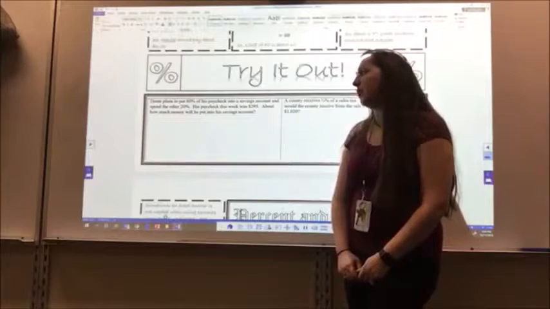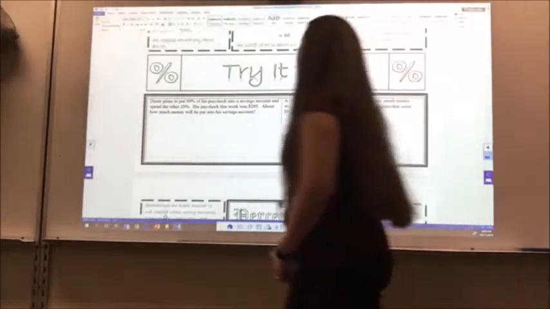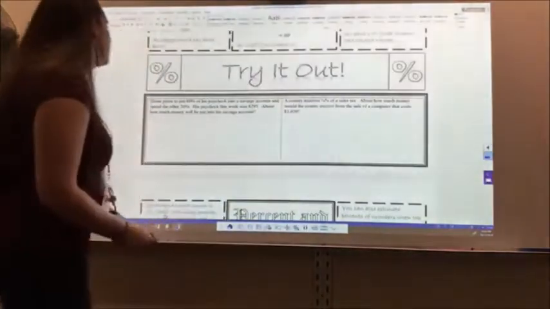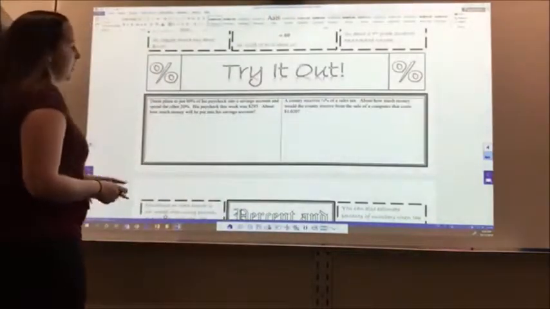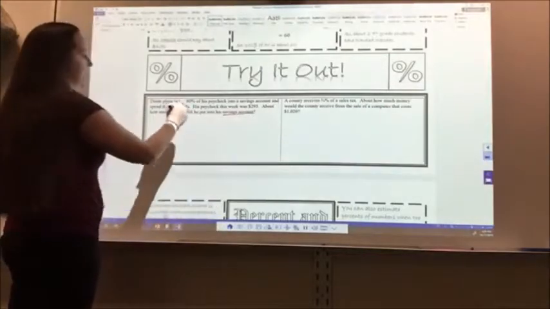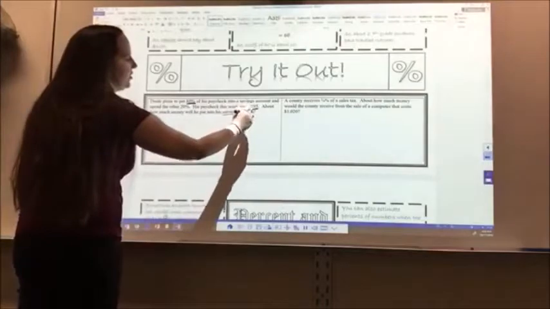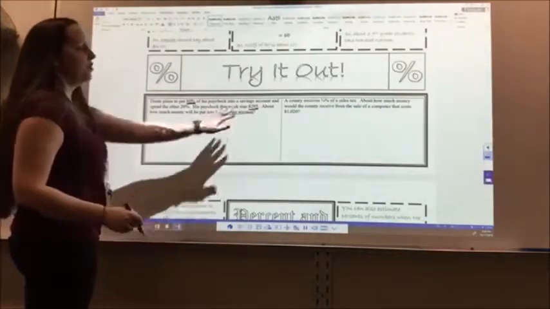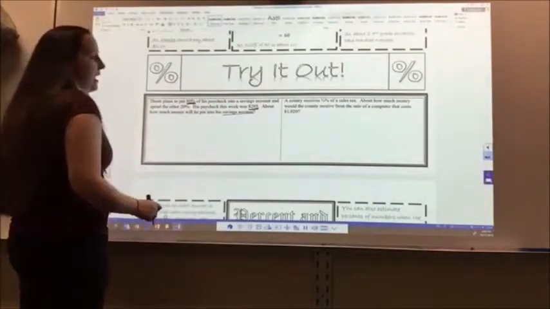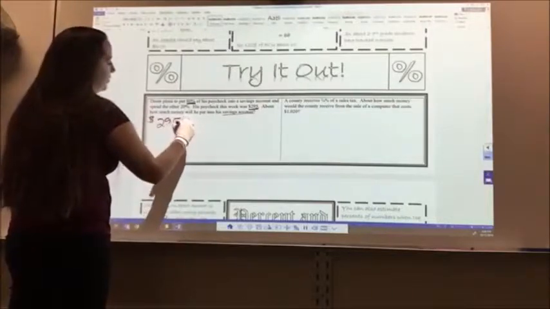About how much money will he put into his savings account? I want to know how much he's putting into his savings account. So the savings account is 80% of his paycheck, and he gets $295. So I'm going to round $295. $295 is approximately $300.